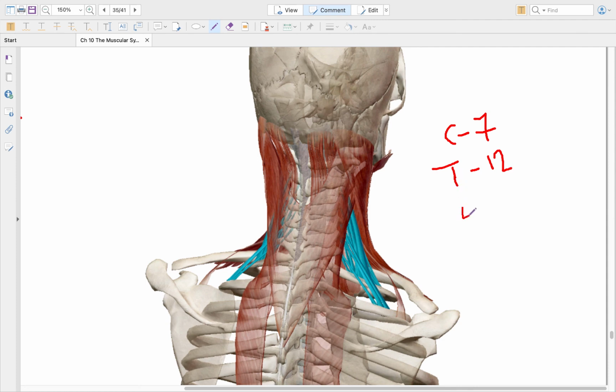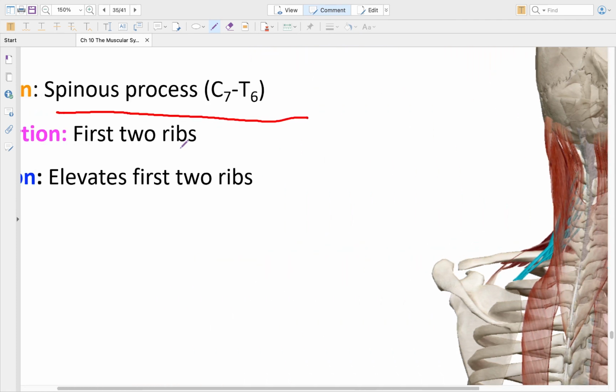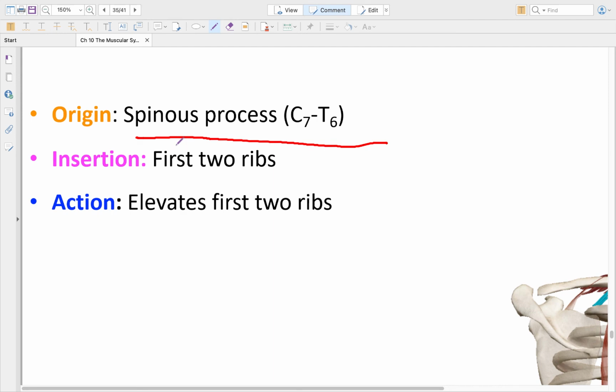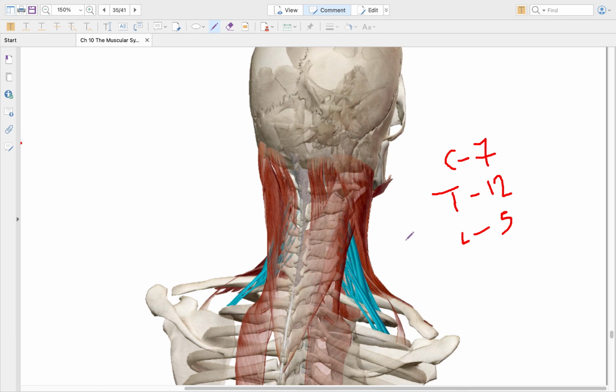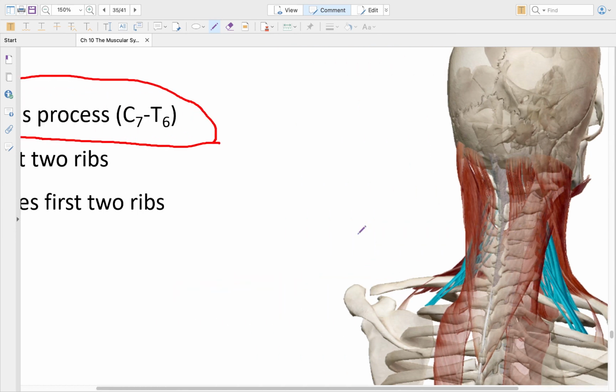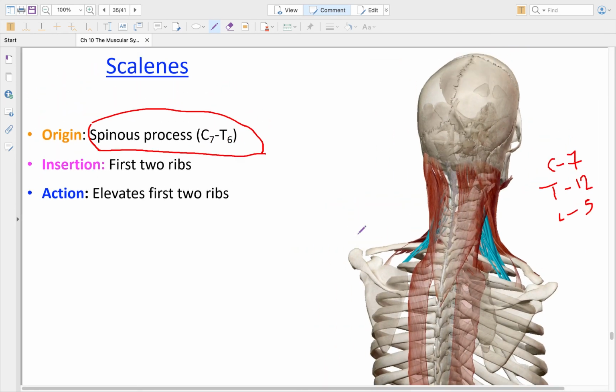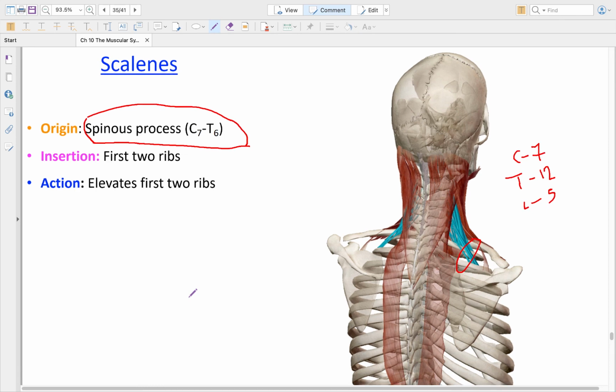And the lumbar has 5 bones. So the origin of this muscle is the spinous process of 7 vertebrae, C7 through T6. So it's kind of hard to see the origin. You can see it a little bit. And then ultimately, the insertion is going to be at the first 2 ribs. And its job is to elevate your first 2 ribs.